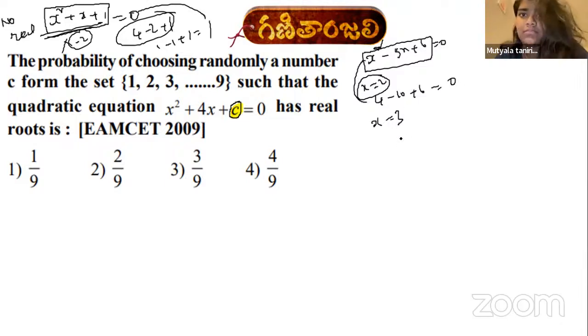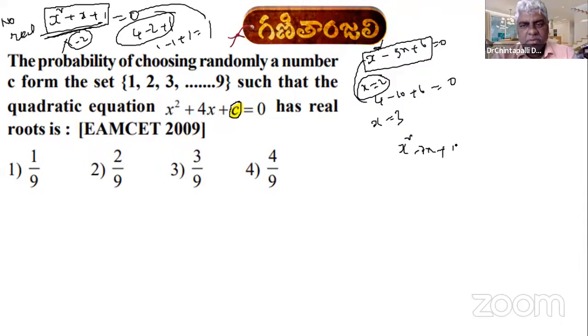For example, x square minus 7x plus 12 is equal to 0 has real solutions, which are 3 and 4.